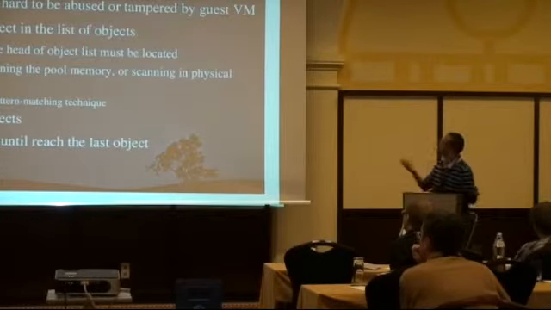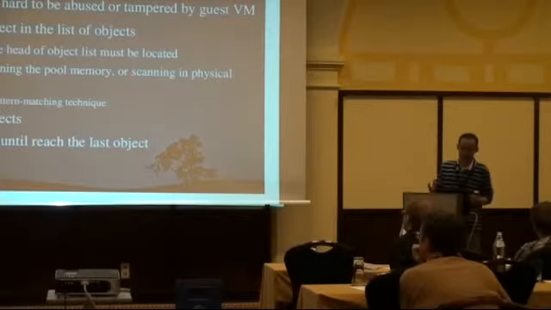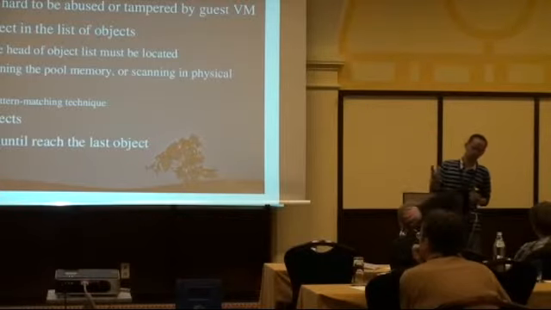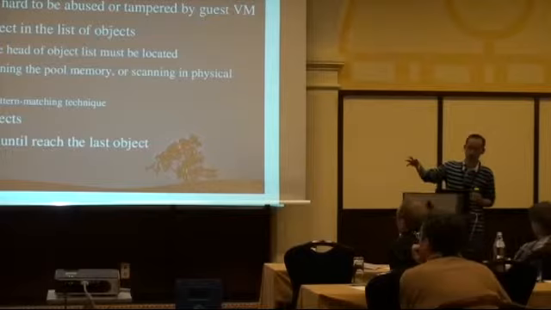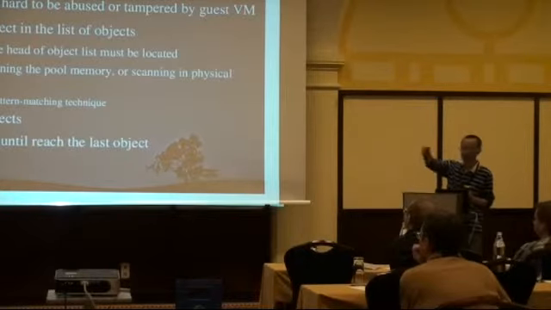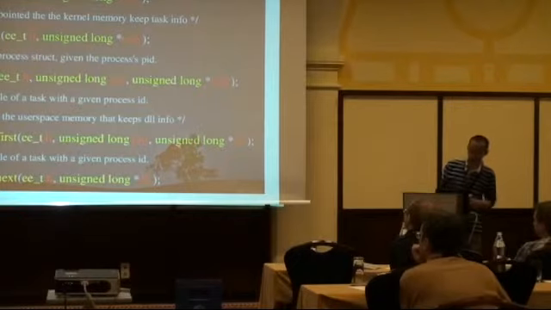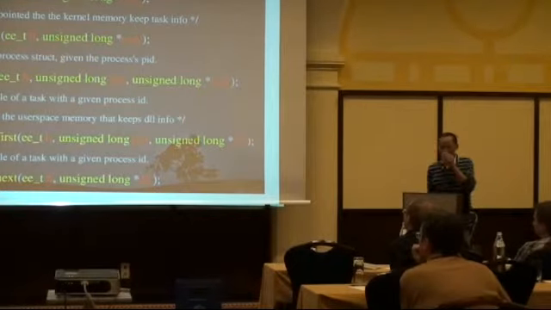Okay, so we have some API, so we can get into the memory and extract out the objects. You can extract the first object in the object list. After that, you return the next object in the list, and so on. Here's some simple API.